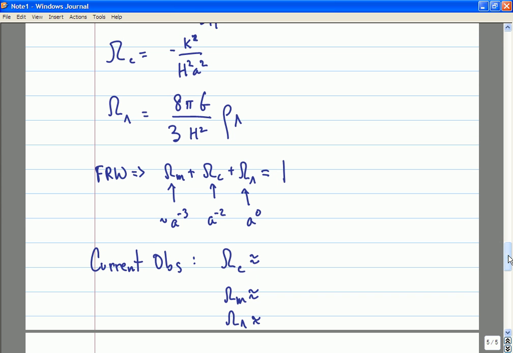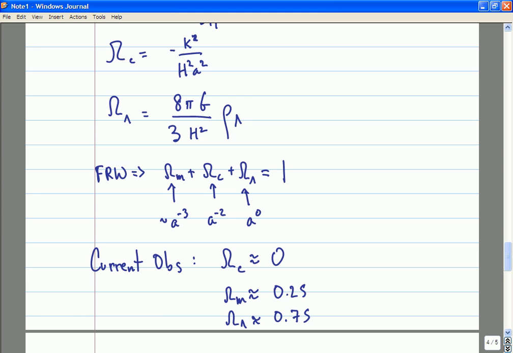I'm not going to try and be terribly precise about how these observations are done, but the answers within a factor of a couple percent are the following. Omega curvature is 0. Omega matter is about 0.25, and omega lambda is about 0.75.